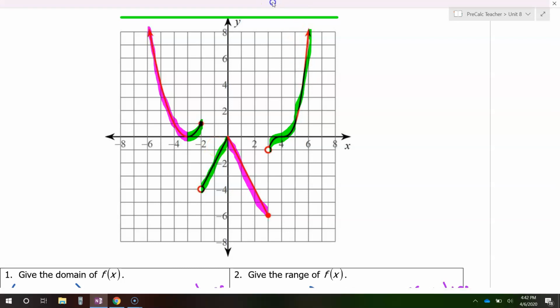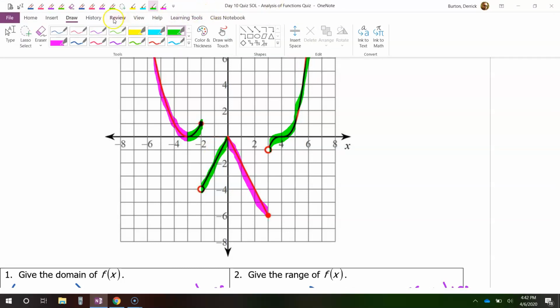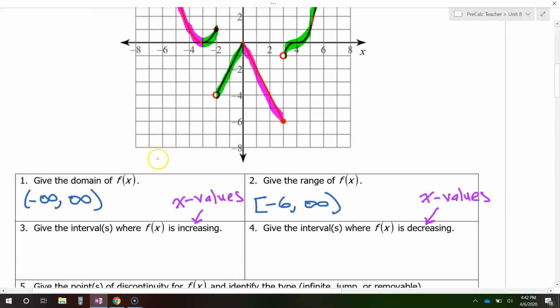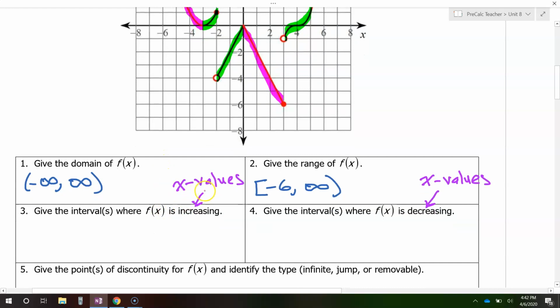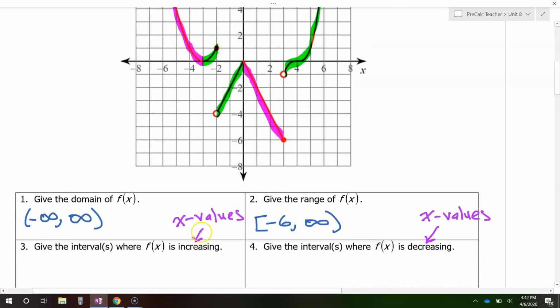Except for one thing that you have to be very careful about, and that is we're only talking about x values. So let's do the increasing intervals first.